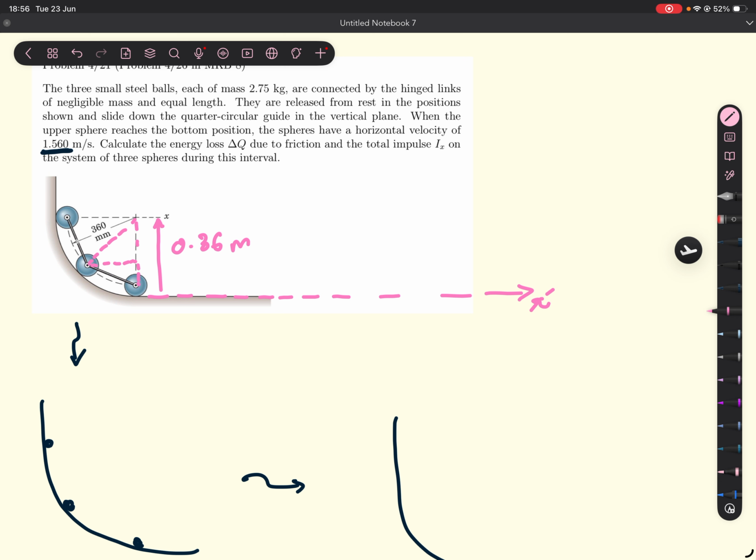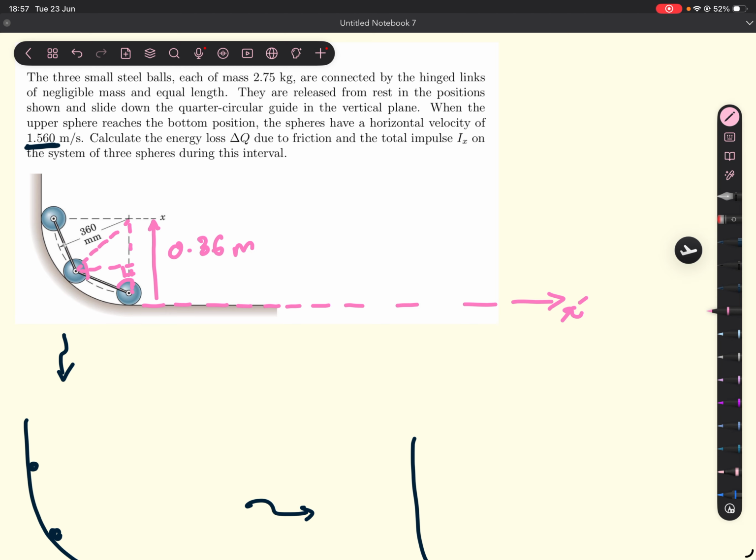Wait, then that right angle triangle, but I don't know any distance there. Perhaps, okay, but yeah, there's some weird trick that you could probably do to find out this height. So you'd need this distance here. Just gonna call that y for now.